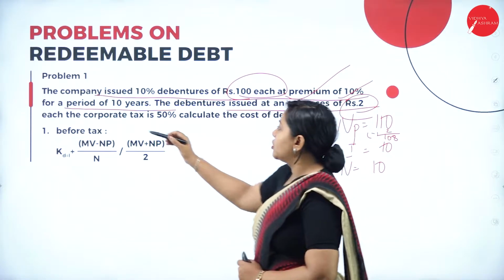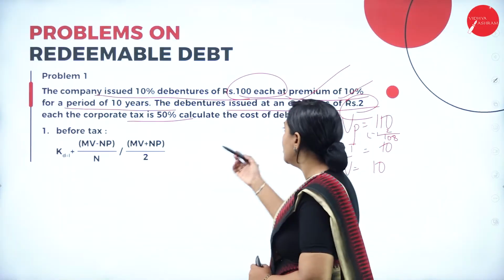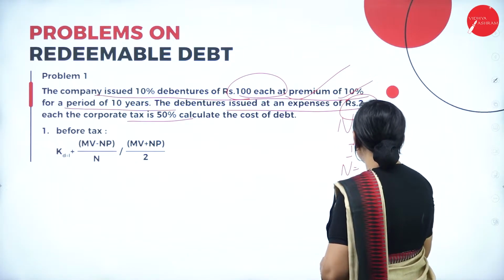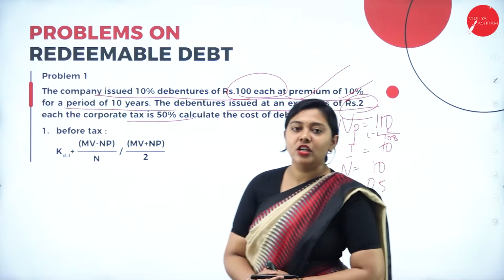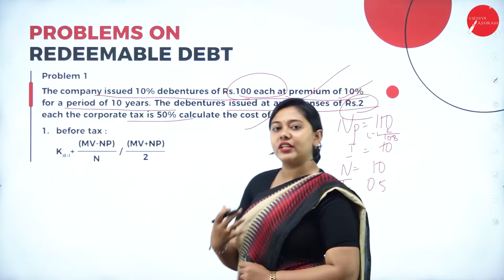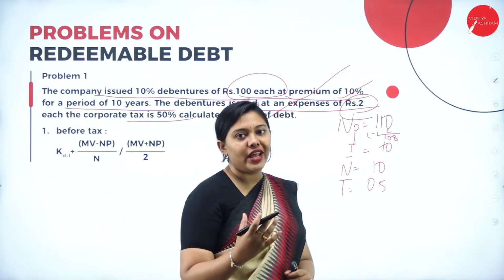Moving forward, the corporate tax is 50%. So it is an after tax problem. What is after tax? The tax rate is 50%, which when we convert into decimal is 0.5. Next, calculate the cost of debt. For your clear reference, we are calculating the before tax as well as after tax problem.